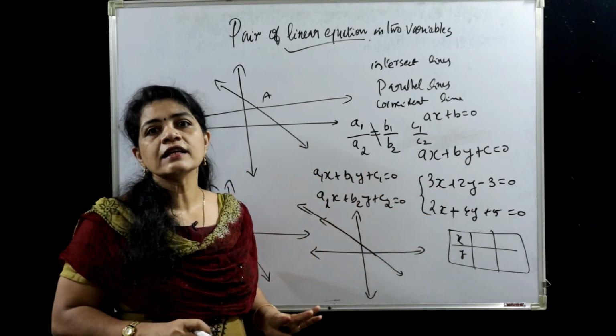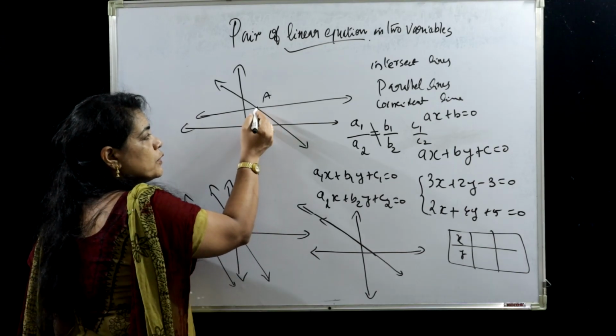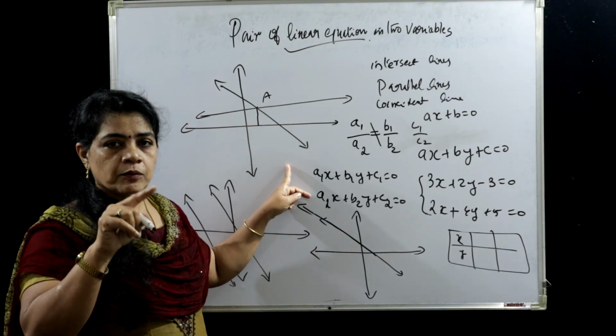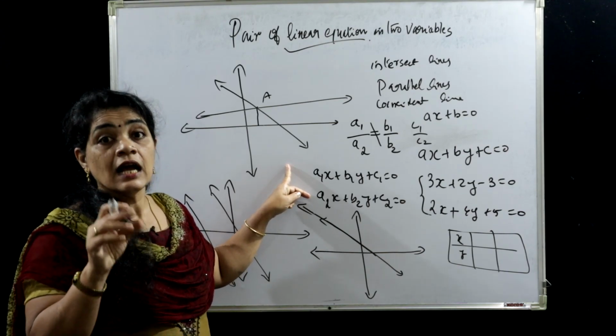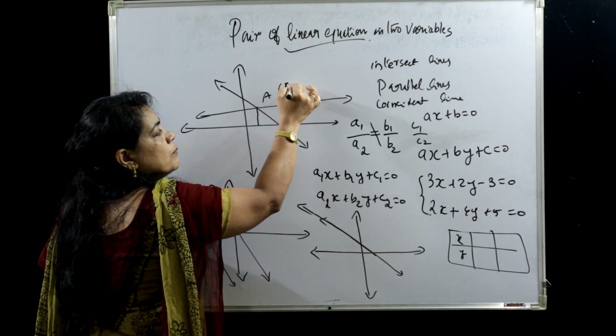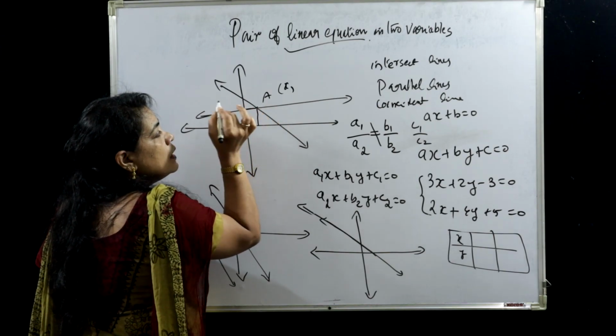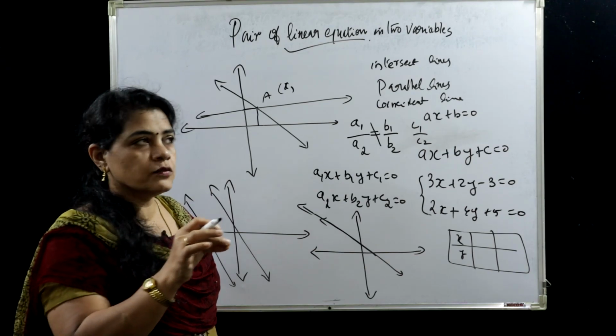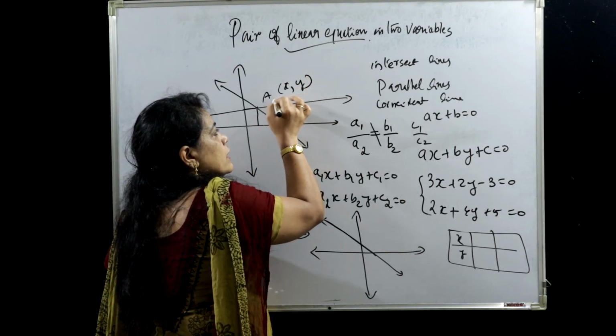In order to get x and y, you draw the perpendicular towards the x-axis, and the point at which that perpendicular meets the x-axis will give you the x value. And from here you can draw the perpendicular towards the y-axis, and that meeting point on the y-axis will give you the y coordinate.